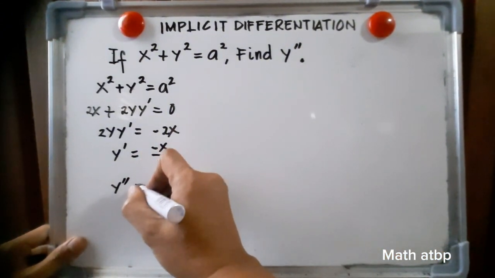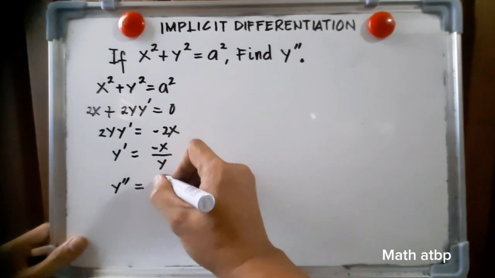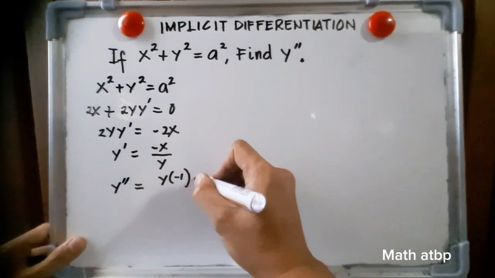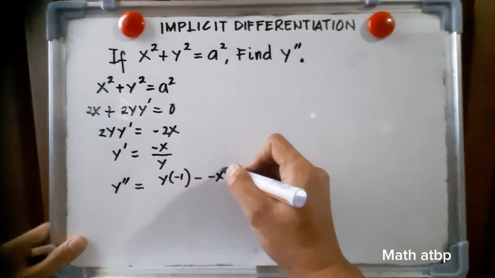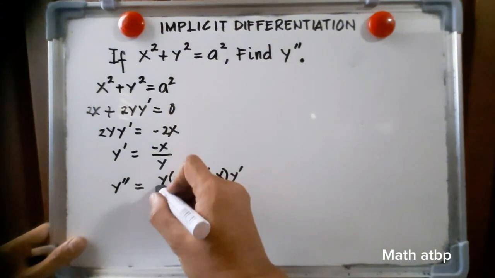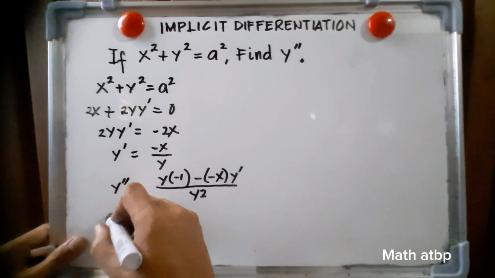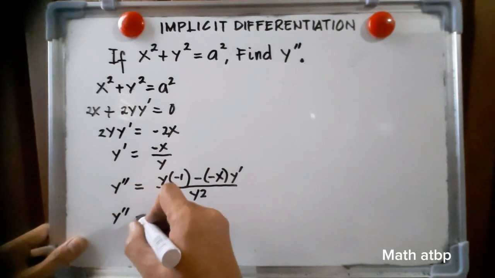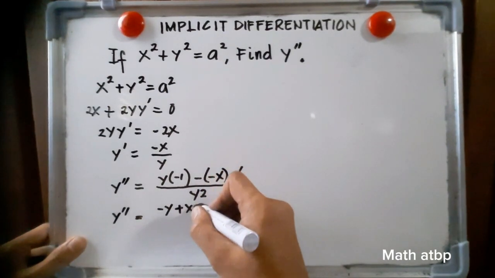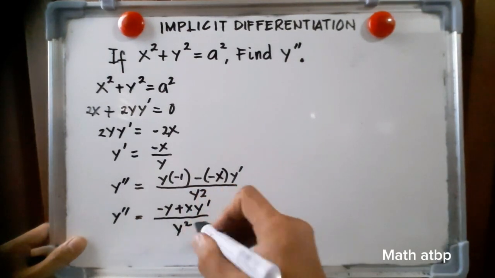Y double prime is equal to, using the quotient formula, v du minus u dv all over v squared. We have here y times the derivative of the numerator, which is negative 1, minus negative x times the derivative of y, which is y prime, all over y squared. Okay, so we have now y double prime equal to negative y plus x times y prime all over y squared.